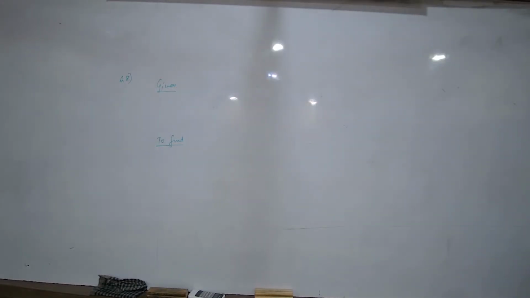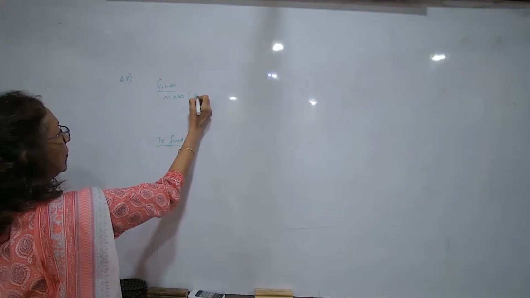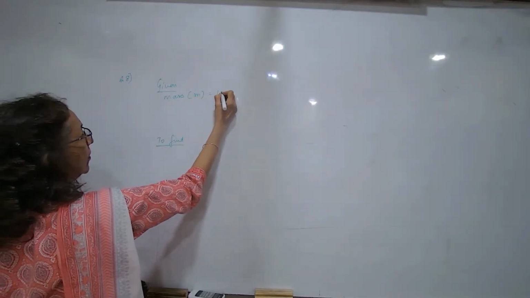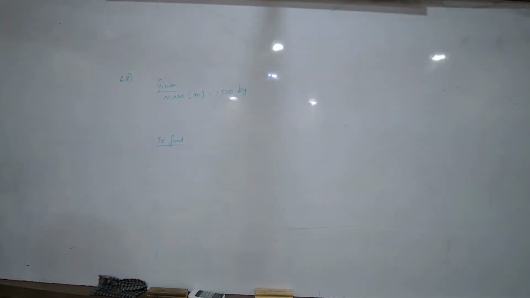What are those numbers? What is the 1500? Mass. Yes. Then 1.7 is what? So what will you write? Mass is given. How much is that? 1.7. How will you write negative acceleration?